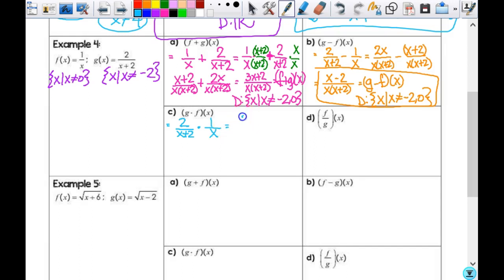And we get 2 in the numerator, and we get x times x plus 2 in the denominator. And that's equal to g times f of x. Multiplying and dividing fractions, way better than adding and subtracting fractions. And your domain here is still the same. It's all of the x values such that x does not equal -2 or 0.